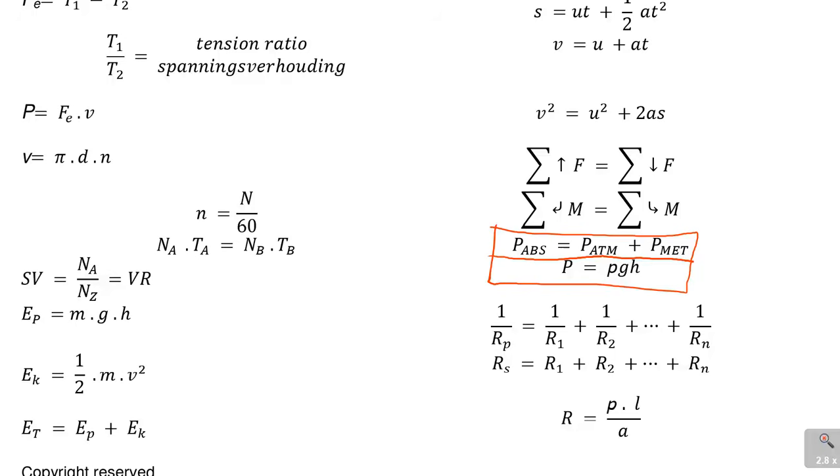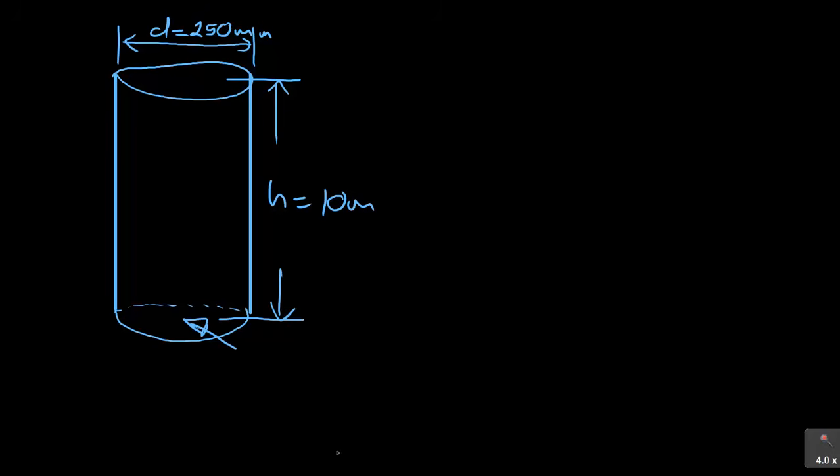So now if we're going to use these two formulas, P_APS is equal to P_ATM plus P_MET.